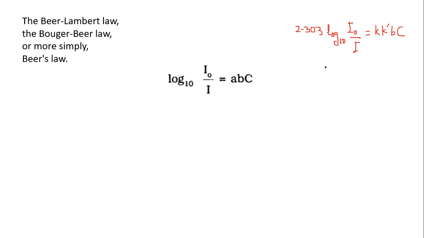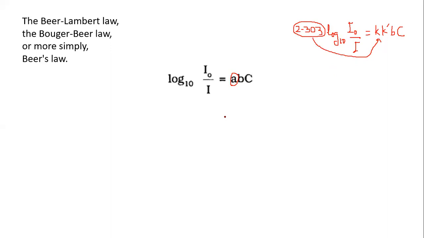Right? So in a similar fashion, I can take this term here and arrive at K prime upon 2.303 and make it a common constant, which is written here as a. This is called the absorption coefficient.